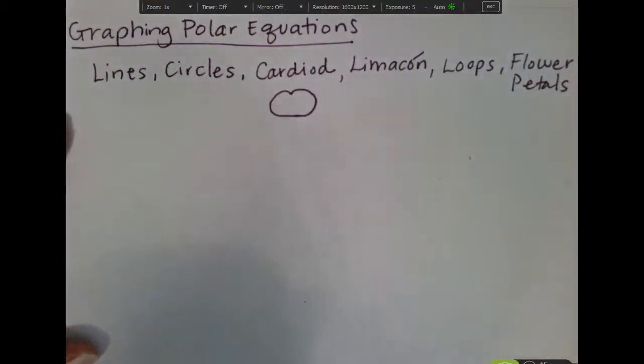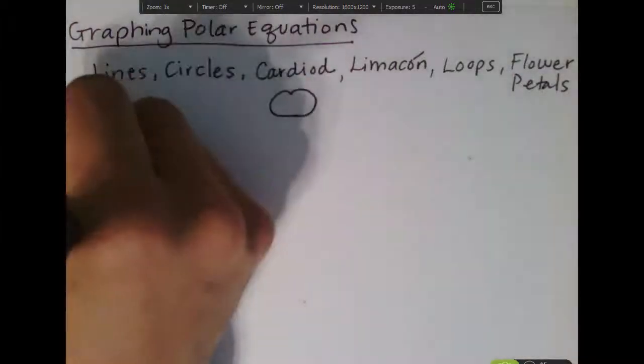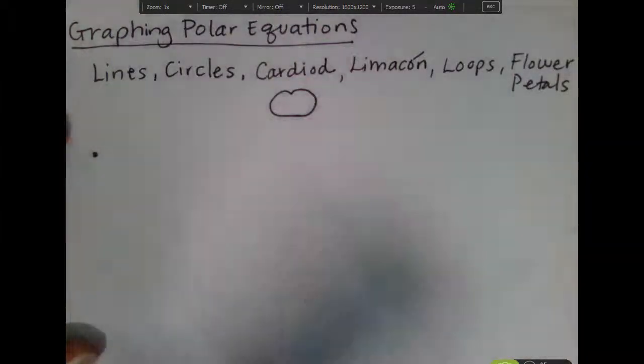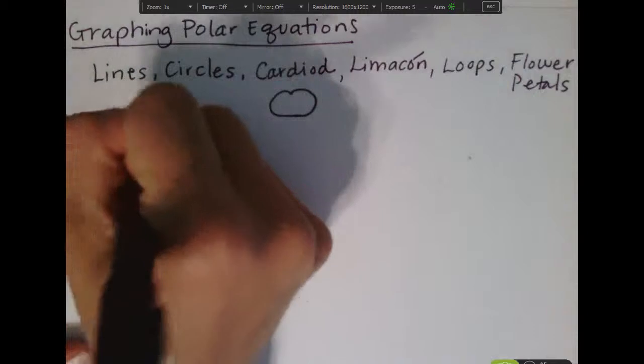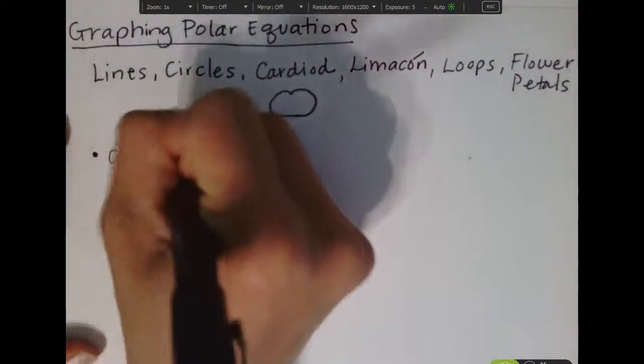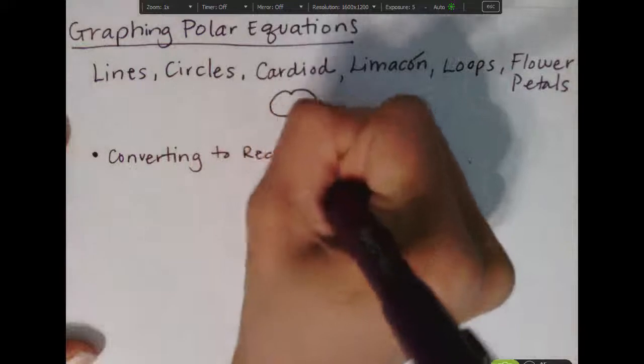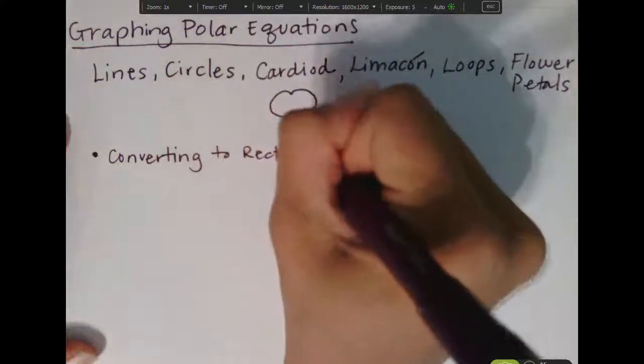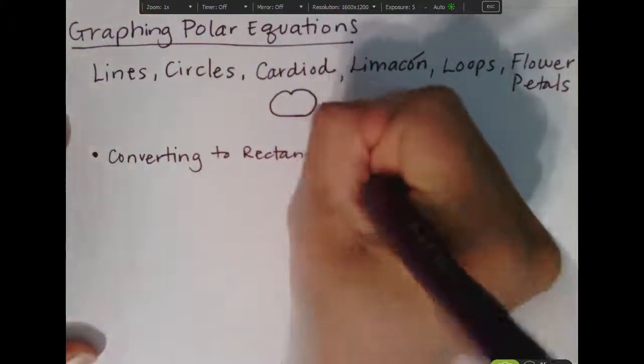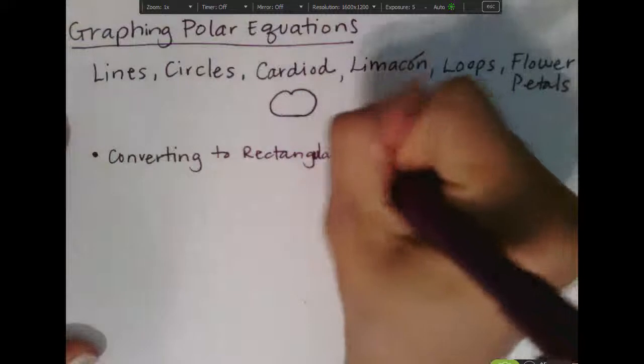But anyway, the point is that with polar equations, you have all sorts of different shapes that you can obtain. So we're going to be looking at two methods to graph polar equations. One of those methods is by using some algebra and converting it to rectangular form, and graphing that way.